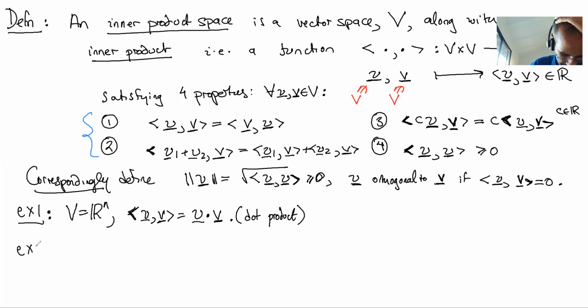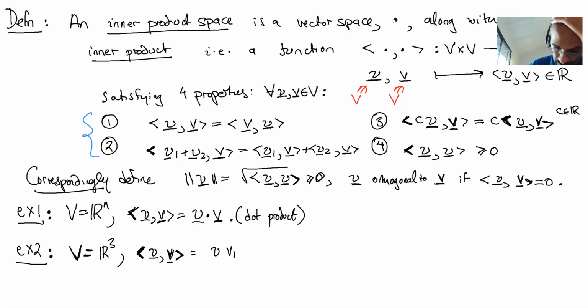Here's another example. Let's take V equal to R3 for concreteness, and let's define the following inner product. u inner product v is u1 v1, sorry, these are numbers, so no underline, plus, I don't know, 2 u2 v2 plus 4 u3 v3.